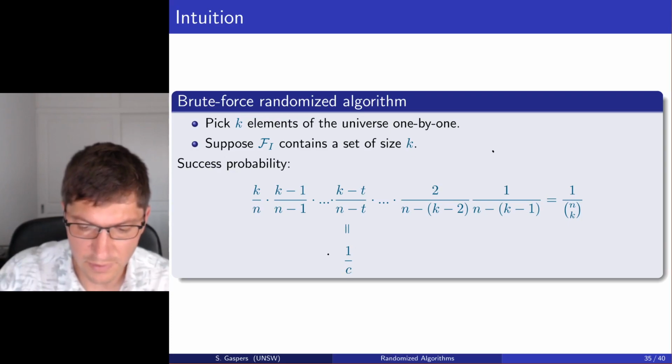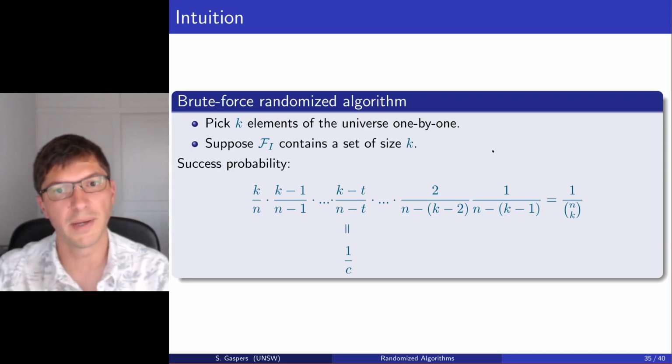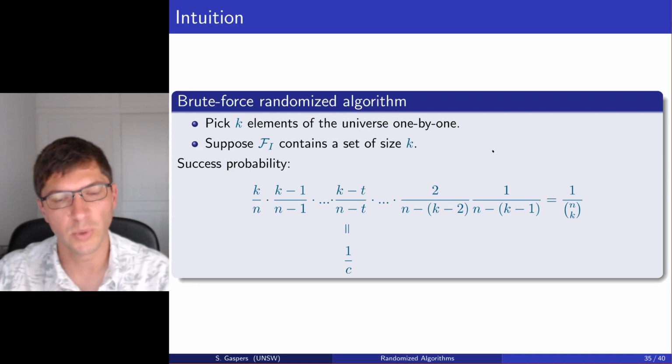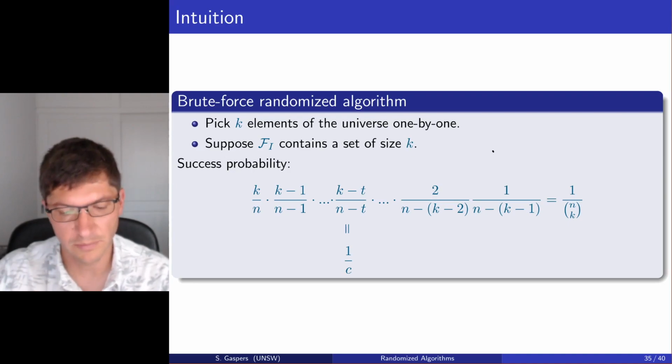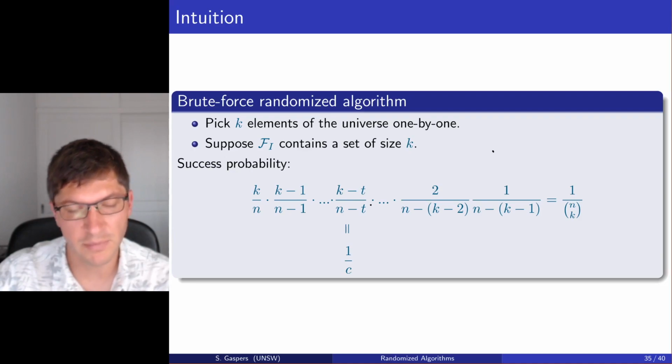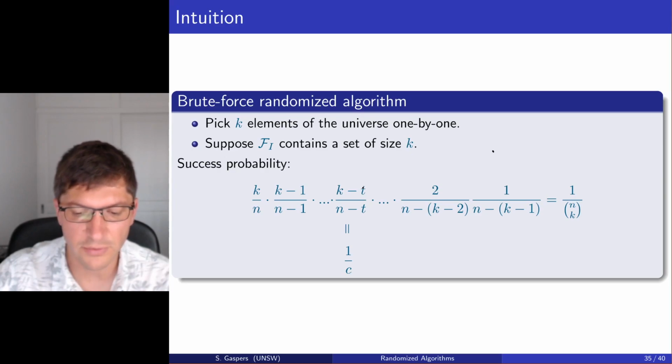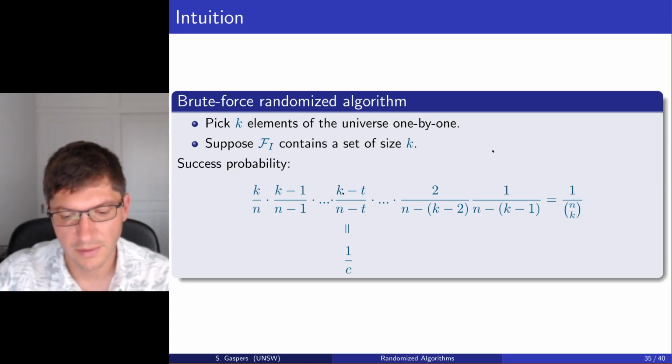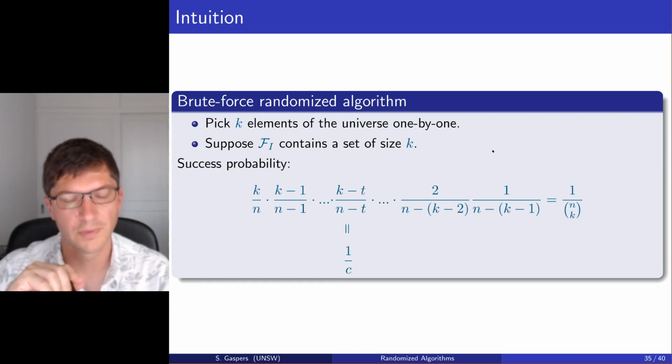And 1 on c is significant because c is the base of the running time of the parameterized algorithm. So if (k minus t) divided by (n minus t) is equal to 1 on c, the inverse of this success probability, (n minus t) divided by (k minus t), is equal to c.